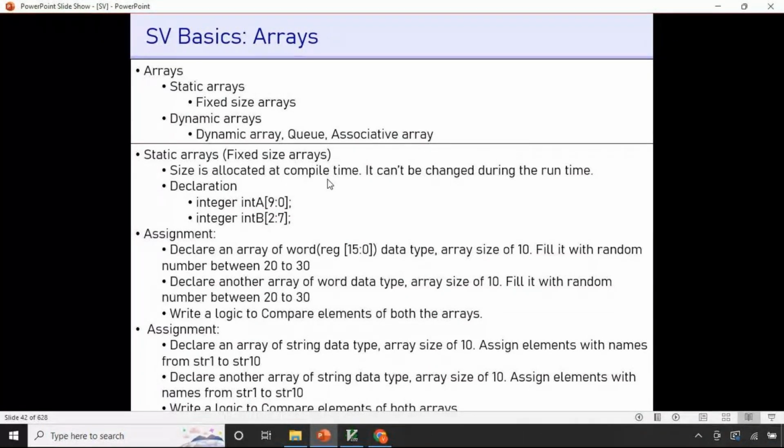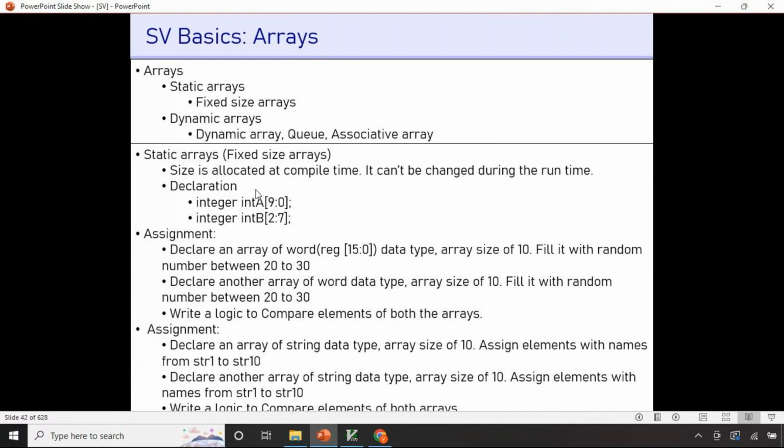When you compile, zero chairs. As you start adding more people, you get more chairs. That is dynamic nature, something only SystemVerilog supports. Verilog doesn't support it. For static arrays, size is allocated at compile time. It can't be changed during runtime.